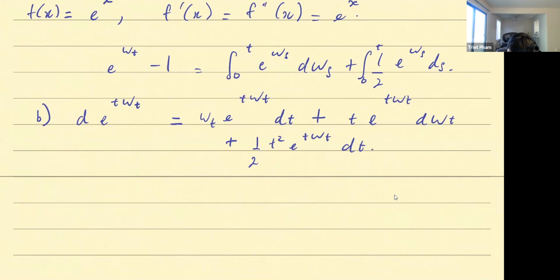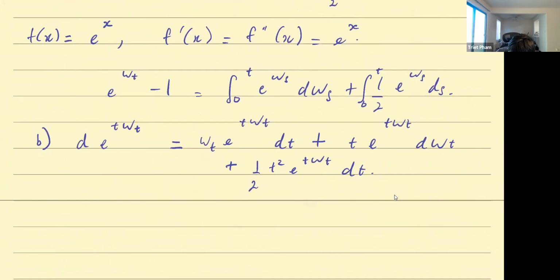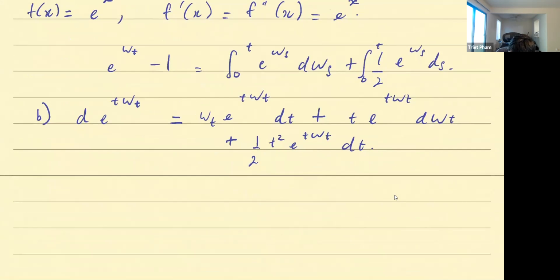Where, of course, the function is f(t,x) = e^{tx}, and the partial with respect to t of f is x e^{tx}.